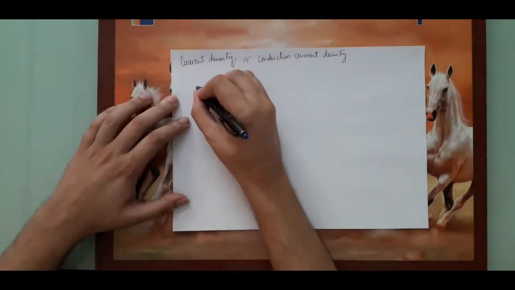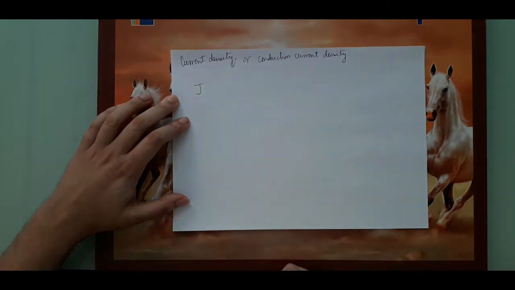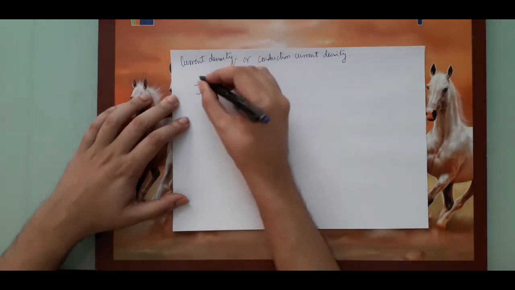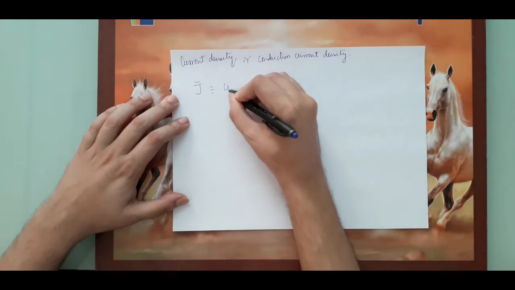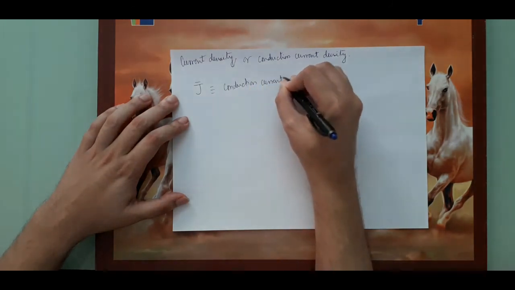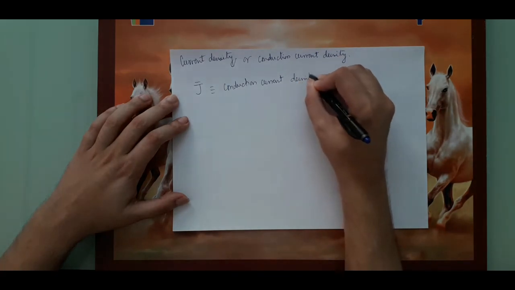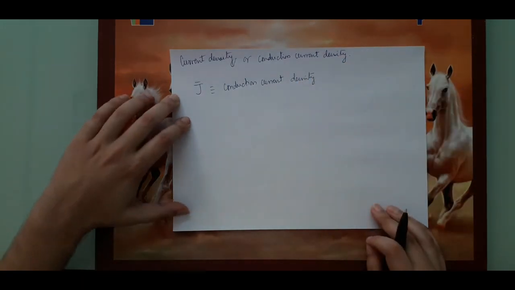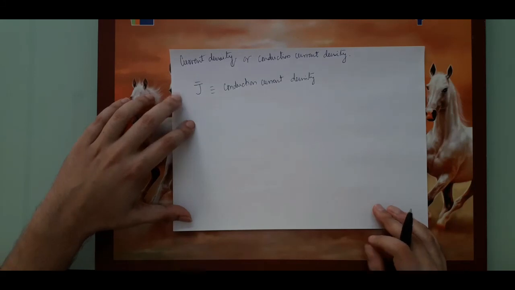So the conduction current density, which we call J, that is a vector, is nothing but the current flow per unit area.